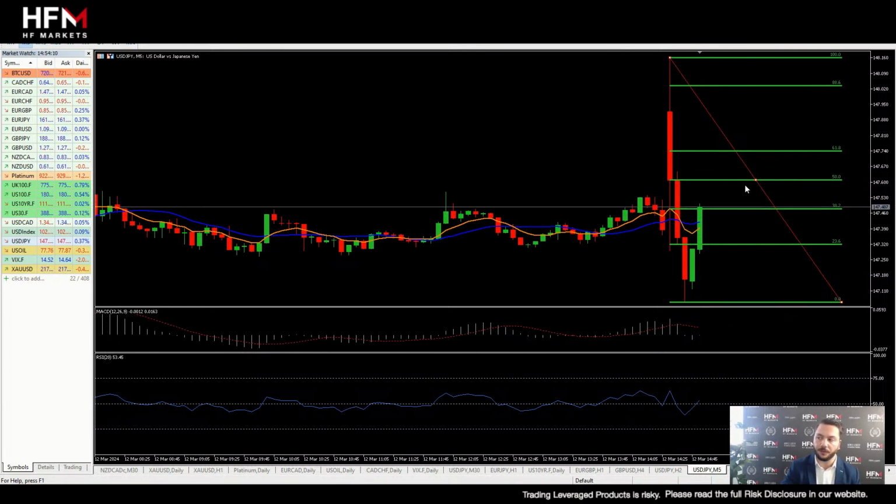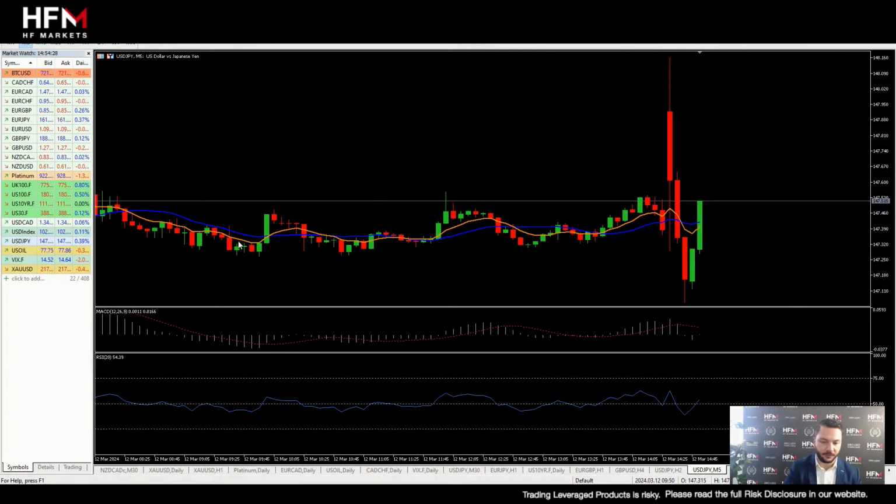So we're still below the neutral. Even if it moves up to 61.8, it's still within the retracement zone. So even if it's going up to this level here, the Fibonacci still indicates it can regain momentum downwards.